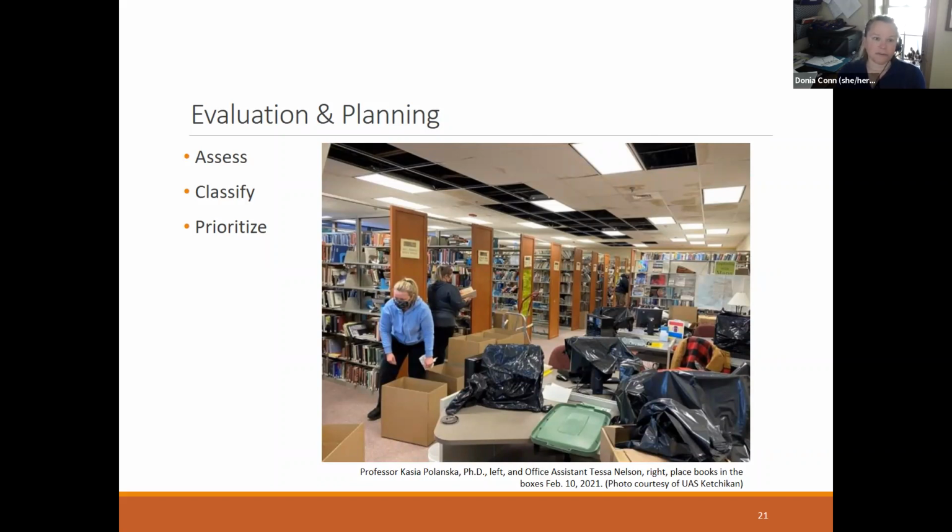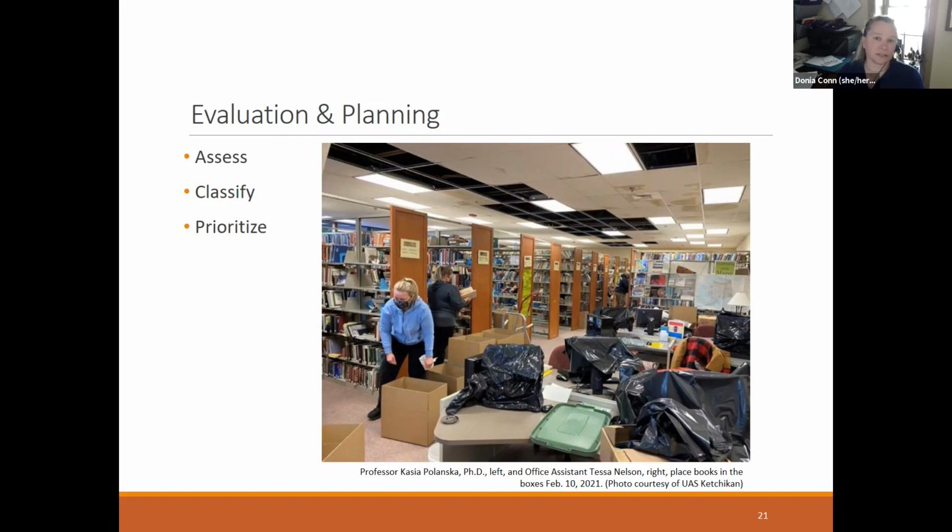And so part of that incident action plan is going to be what PPE you need and what sort of equipment you need to make the work site safe, what outside consultants or vendors you're going to need to bring in. But it's also going to break it down to a much more granular level as well. So you've classified that you've got wet books, damp books, and dry books. So you need boxes to pack away books.